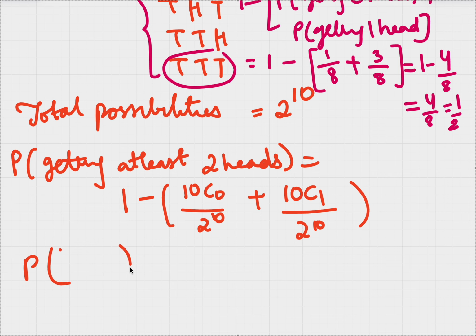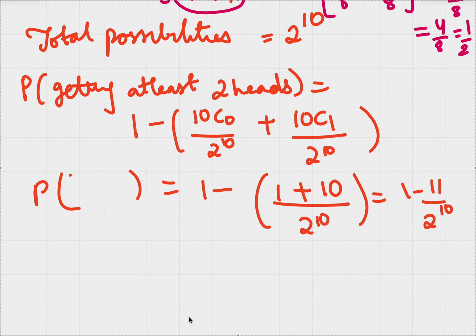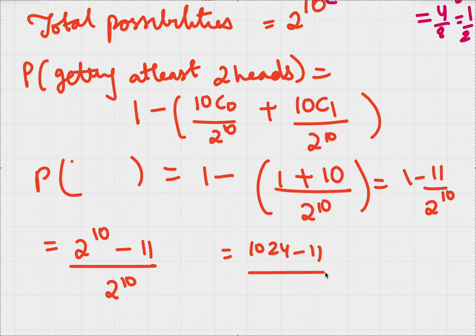So maybe I'll directly calculate. 1 minus, 10C0 is 1 plus 10C1 is 10, by 2 power 10, which is equal to 1 minus 11 by 2 power 10, which is equal to 2 power 10 minus 11 by 2 power 10, which is equal to 1024 minus 11 by 2 power 10, which is equal to 1013 by 2 power 10.